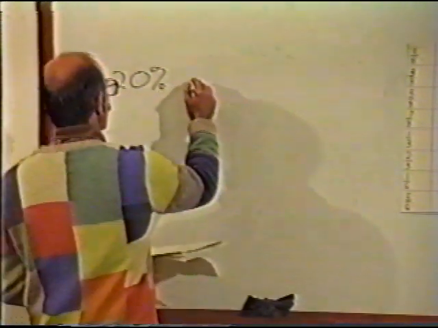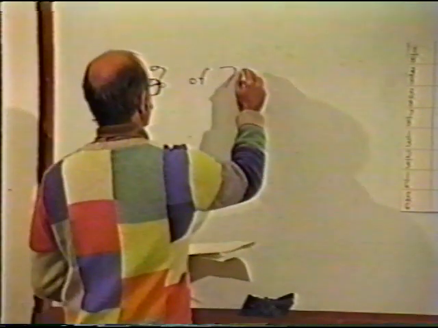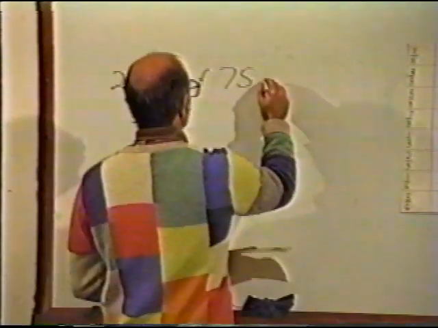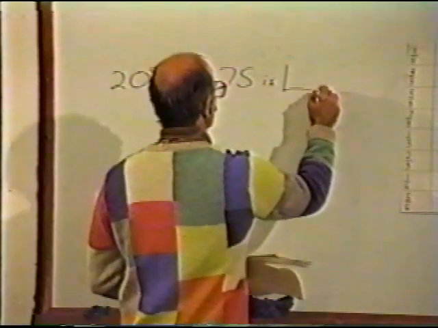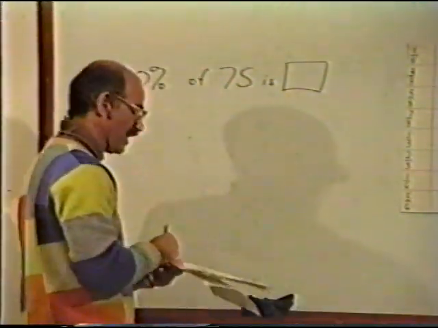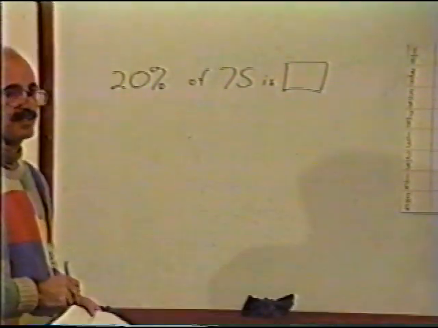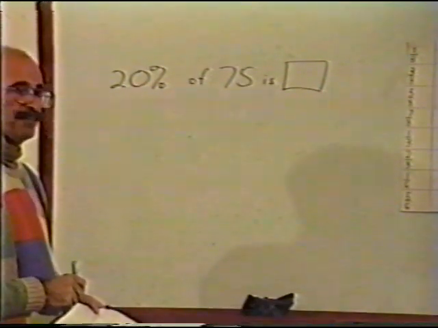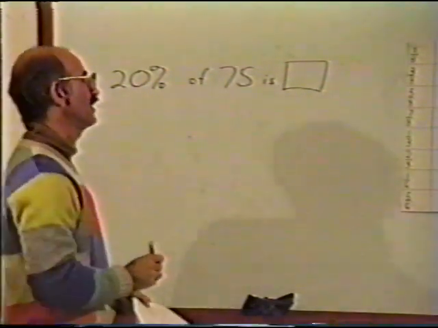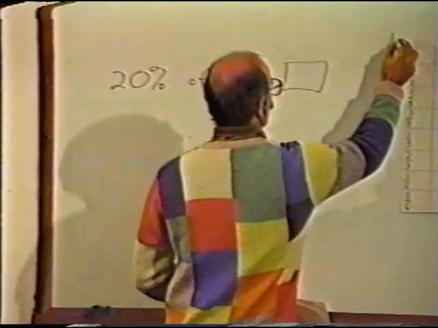20% of 75 is what? What type of problem is that one? Type number 1.